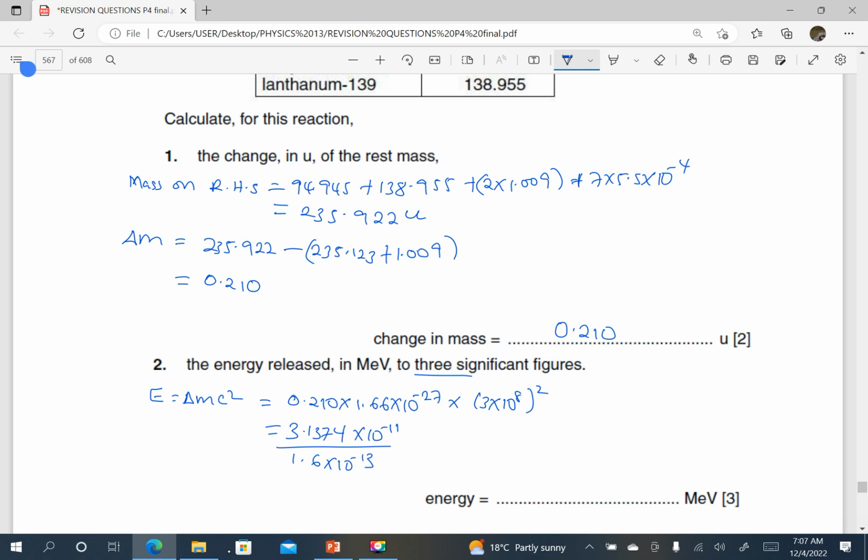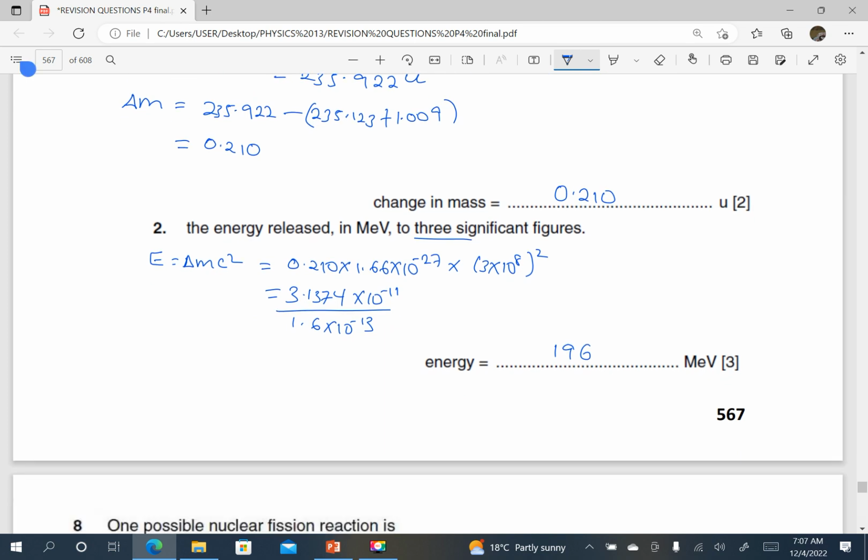So 3.1374 divided by 1.6 is 196.1. So I'll just write 196 mega electron volts.